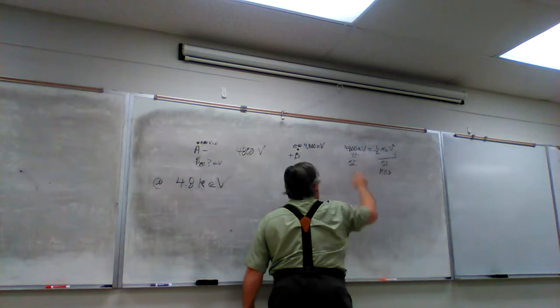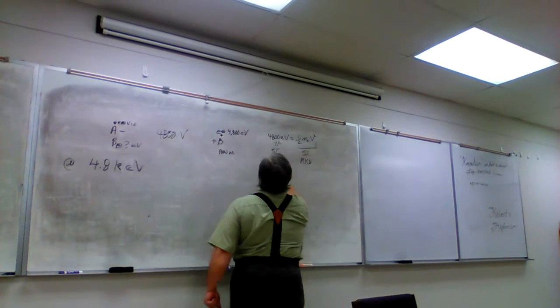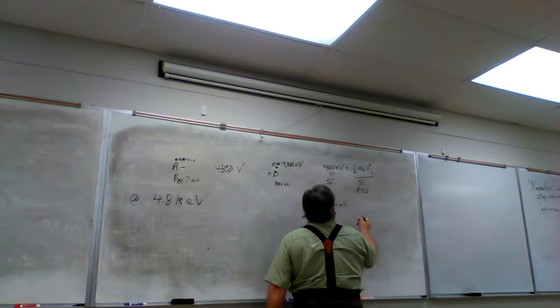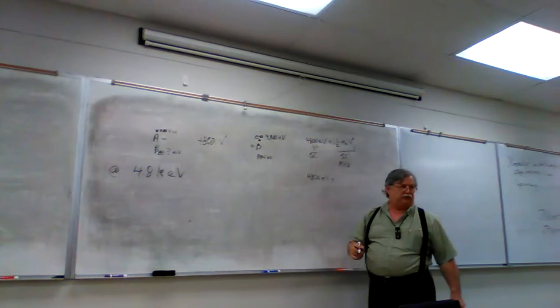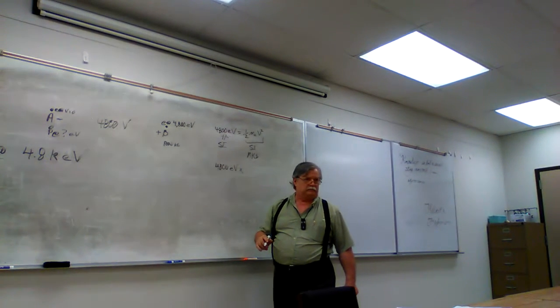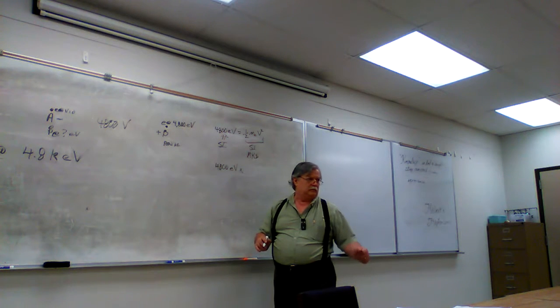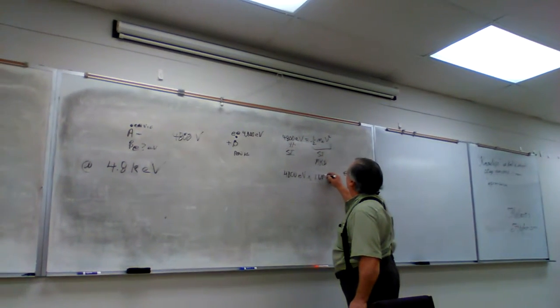So we've got to convert 4,800 eV into how many joules? 4,800 eV times how many joules per eV? It's just 1.6022 times 10 to the minus 19 joule.